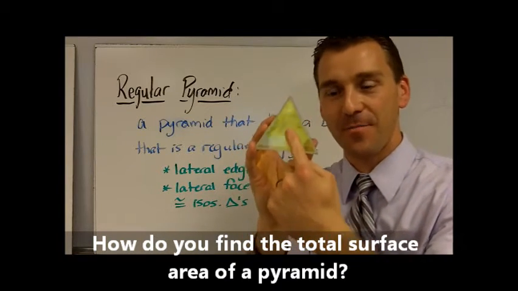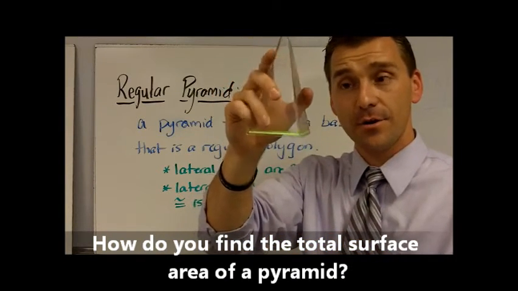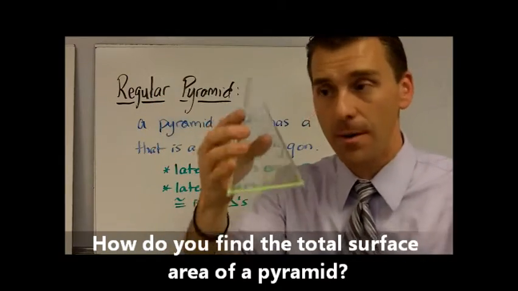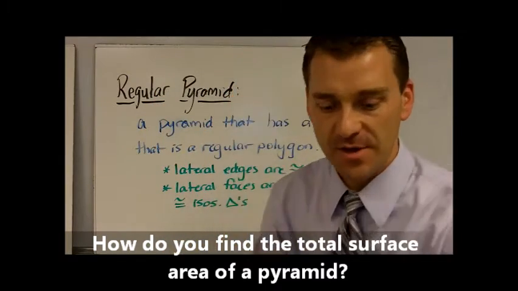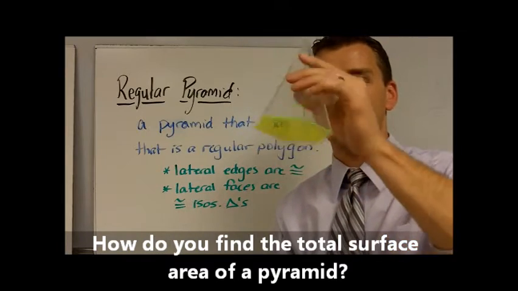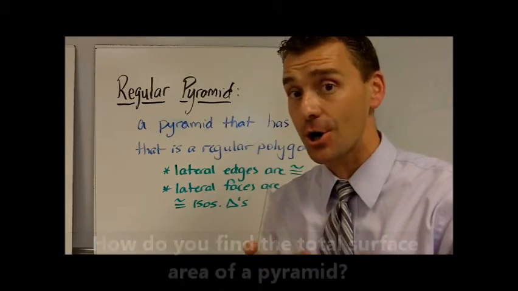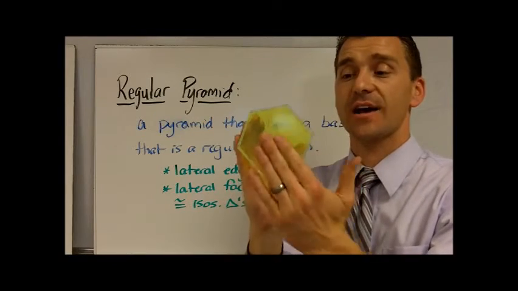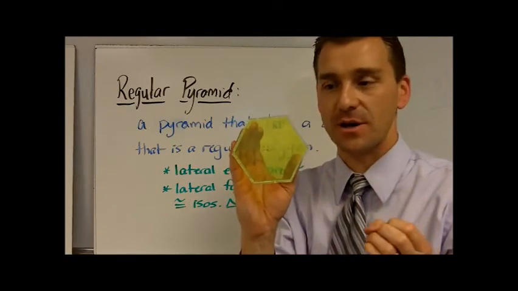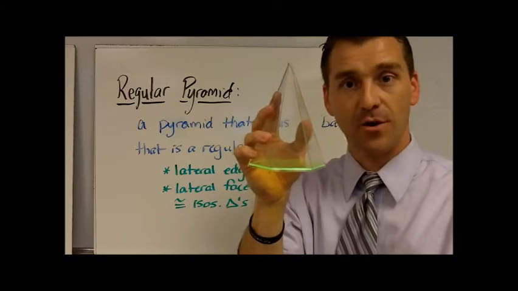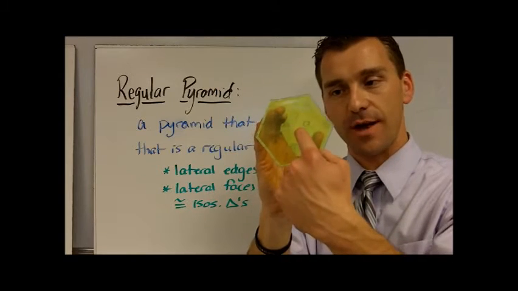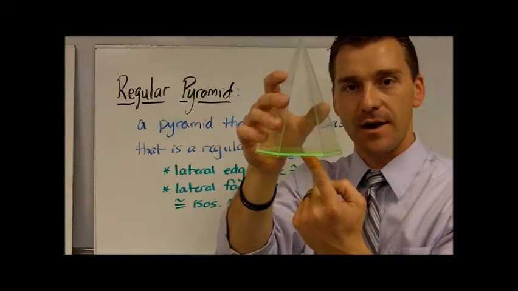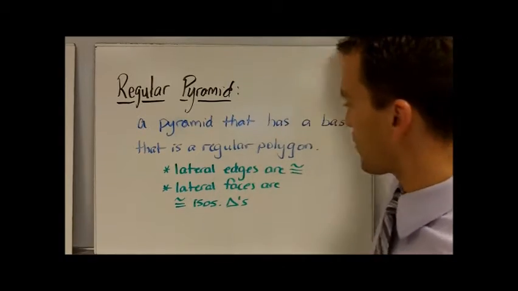This is called a regular triangular, if you will, pyramid. This guy here, a regular hexagon. This would actually be called a regular hexagonal pyramid. Now, if it was just a hexagon on the base that wasn't a regular hexagon, then it would be called a hexagonal pyramid. But since it's a regular hexagon, that's called a regular hexagonal pyramid. So there's just a simple little definition there.